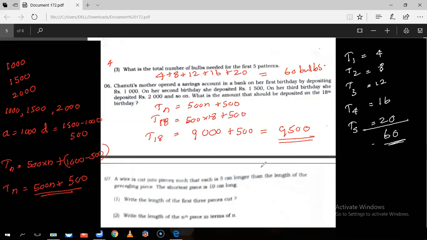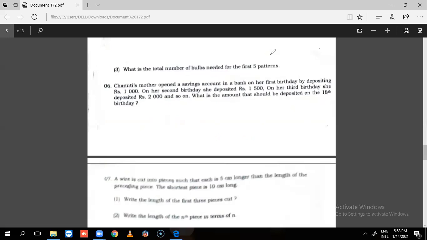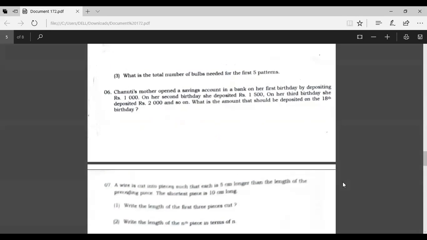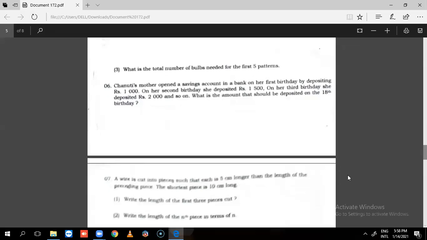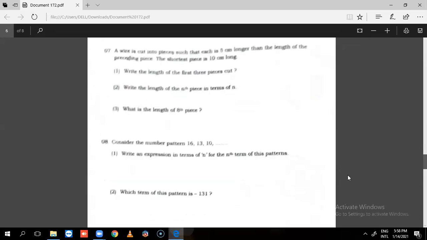Okay, I will clear this. It is not very clear.